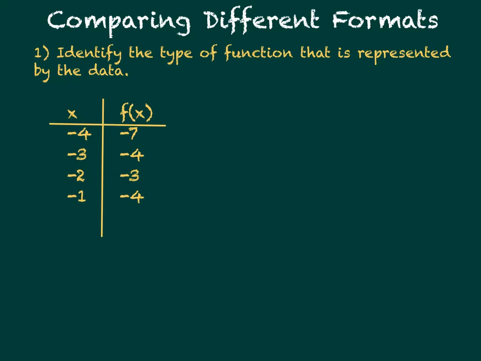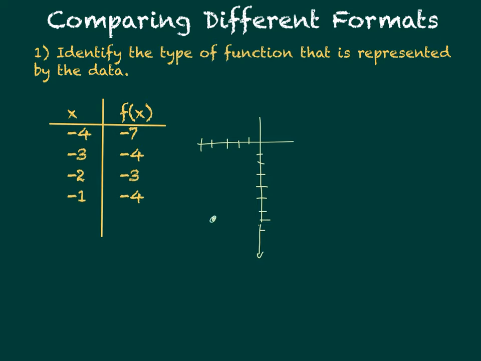This first one, since it's in a table, I'm just going to draw myself a little sketch and figure out my points from there. At -4, it's -7.